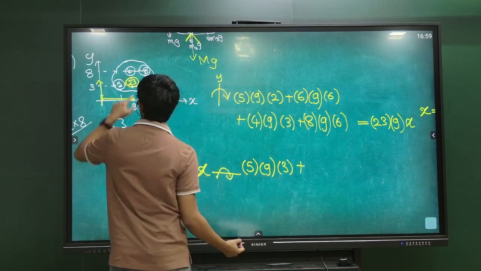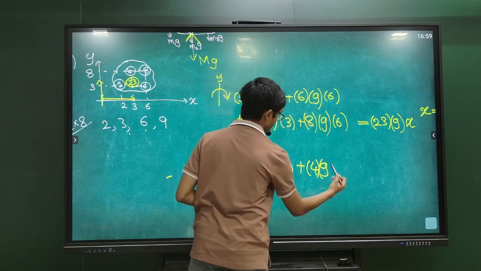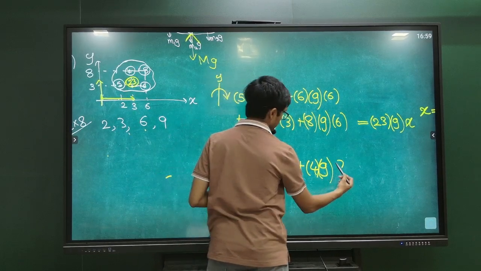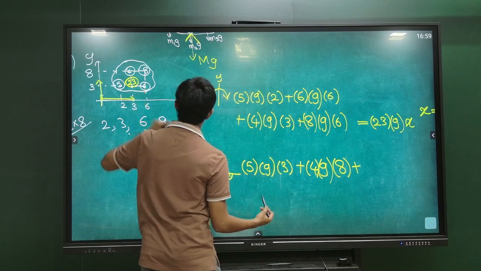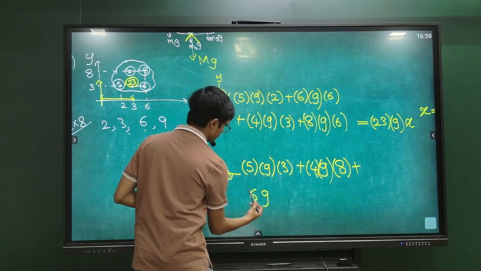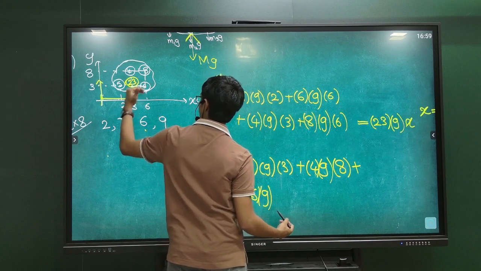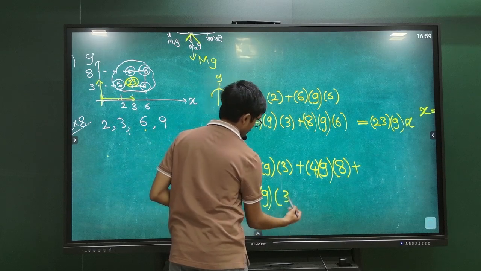Plus 4g, distance is 8. Plus 6g again, distance 3 from the x-axis.